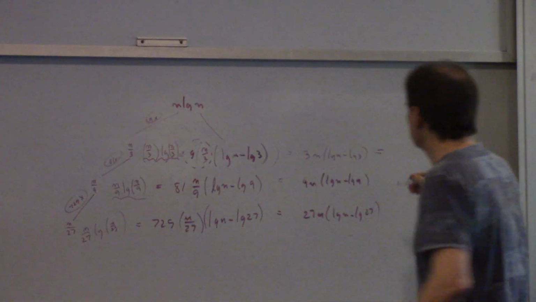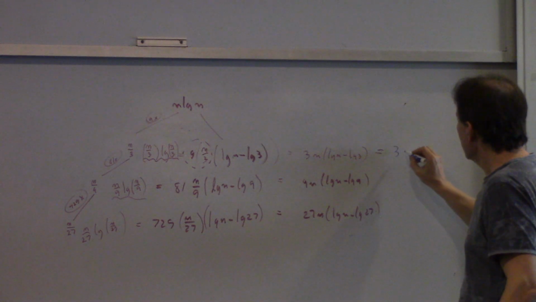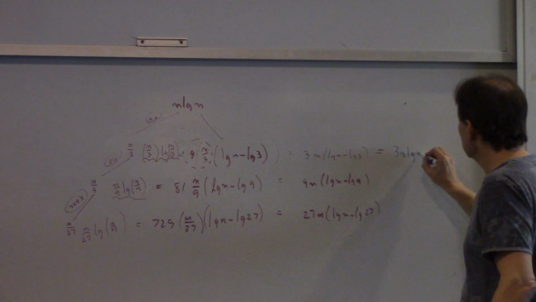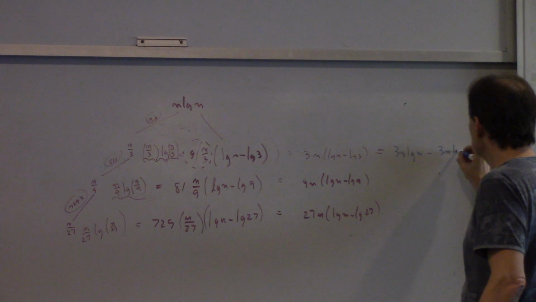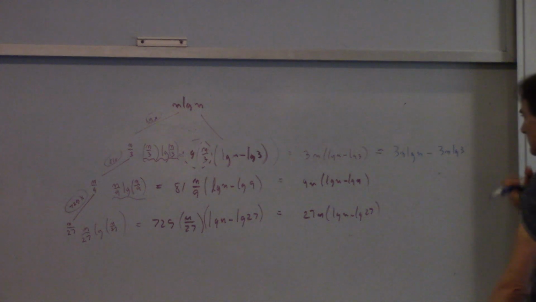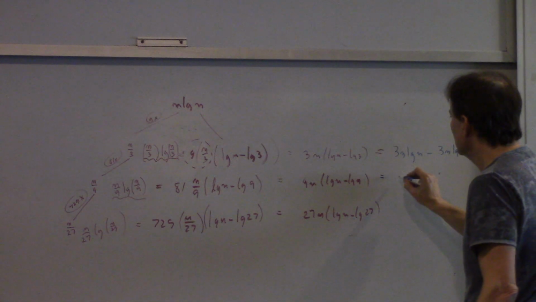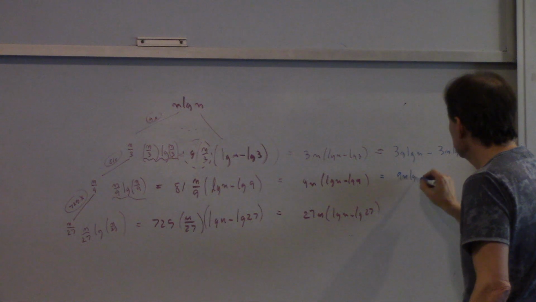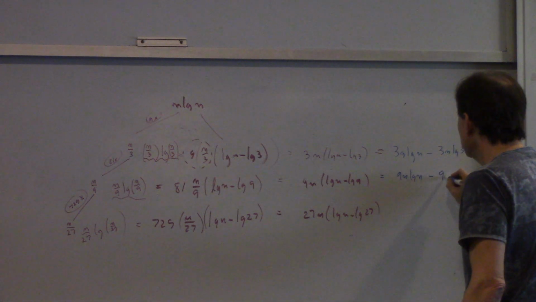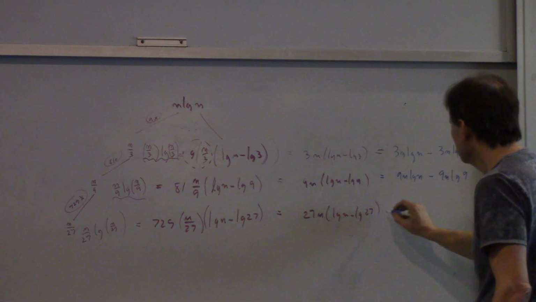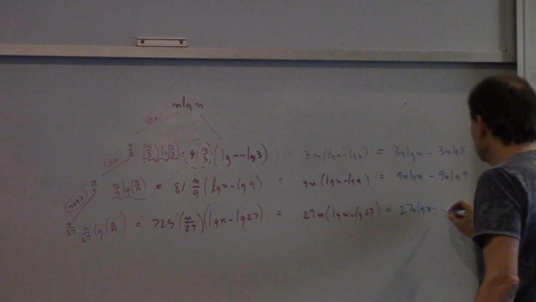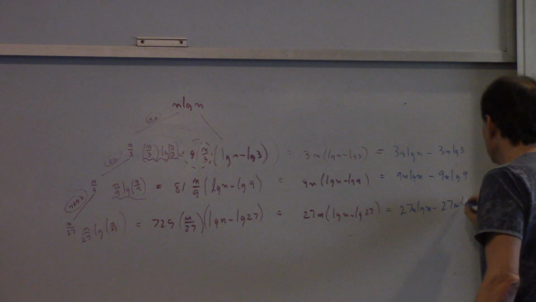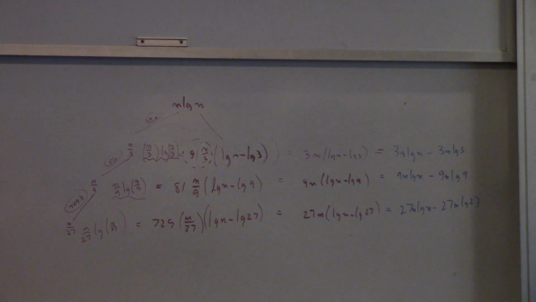This is going to be 3n lg n minus 3n times lg 3, equal to 9n lg n minus 9n lg 9, and this last one is going to be 27n lg n minus 27n lg 27.